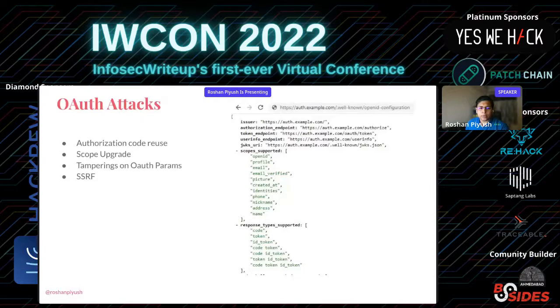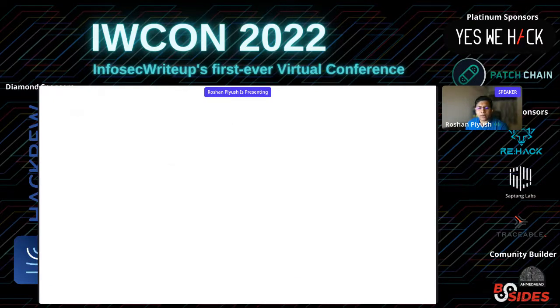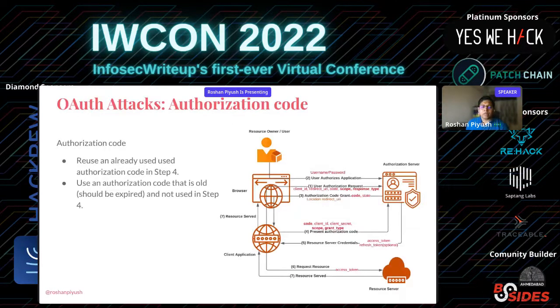If you want to attack these OAuth vectors, for the authorization code you can reuse an already existing code and try to see if you are able to gain access, or even use an authorization code that is old but should have expired. Say someone created 2 requests for authorization, so that will generate 2 codes. But if the older authorization code has not expired, you may be able to use it again.